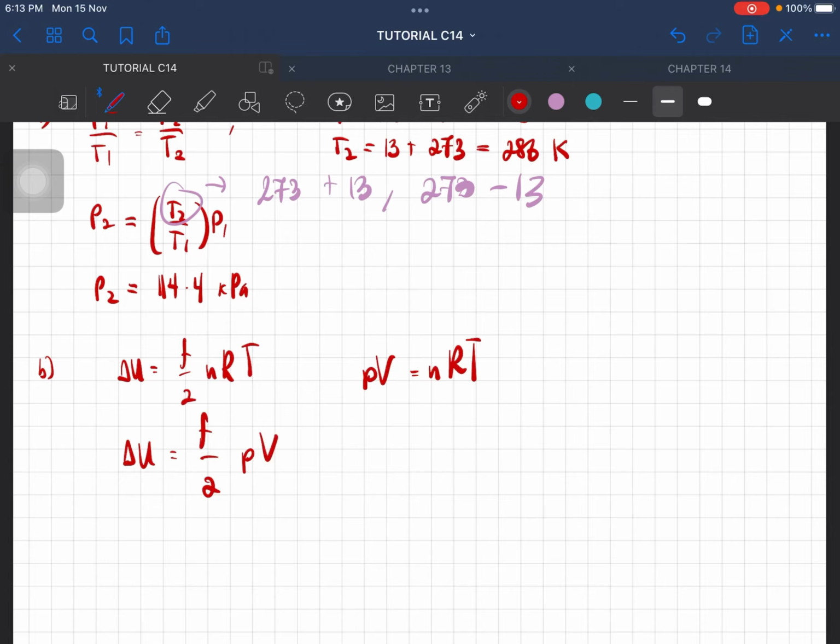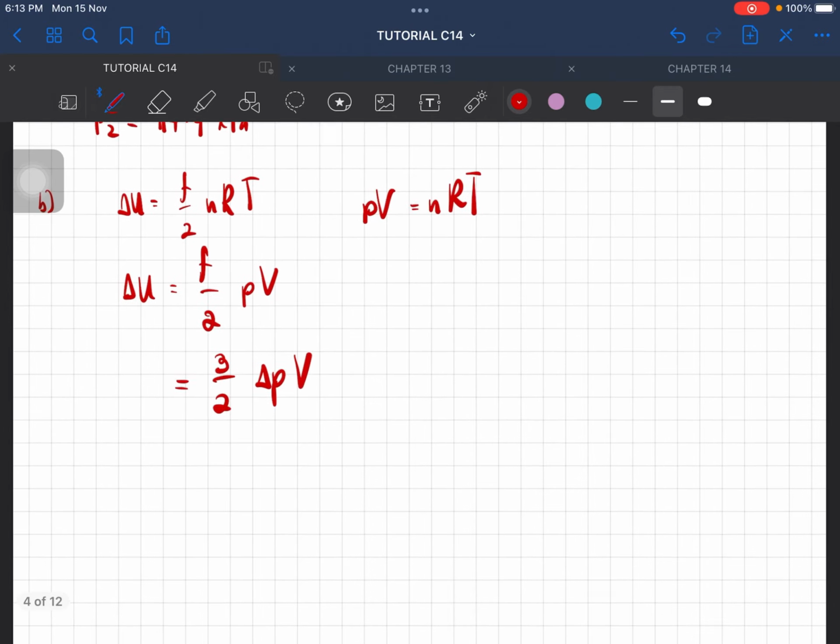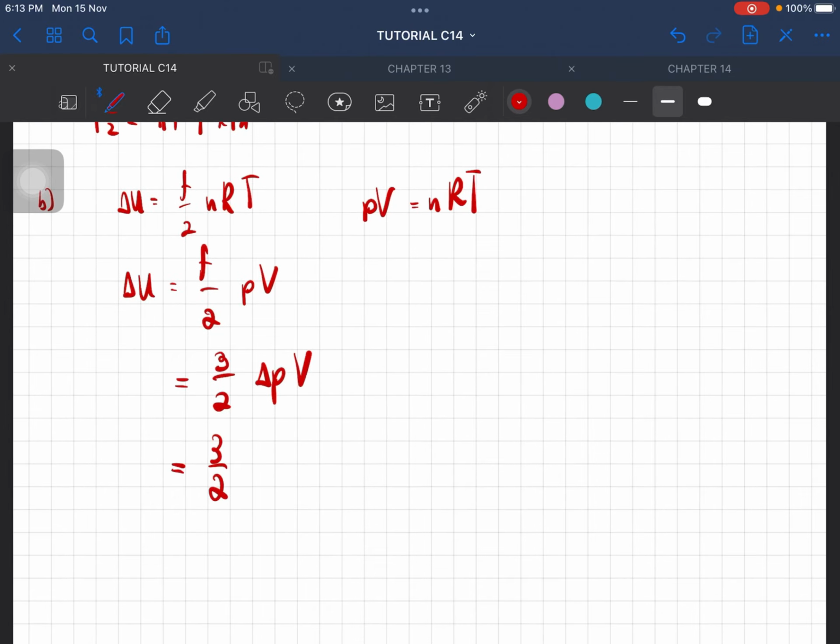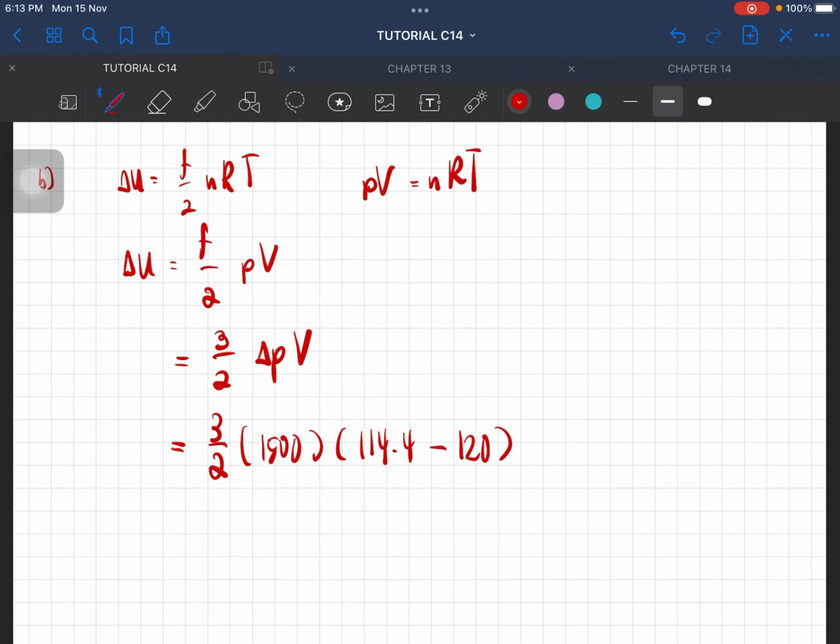Okay, so P here, since it is changing, it will become delta P and then V. So this one is 3 over 2 and then V is 1500, and then 114.4 minus 120 kilopascal.